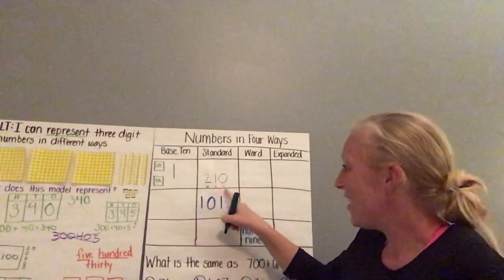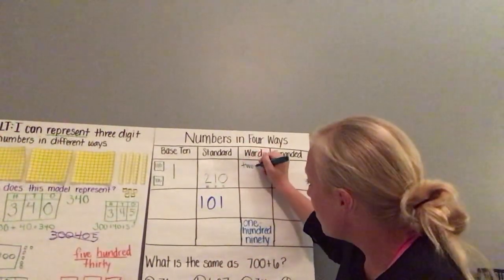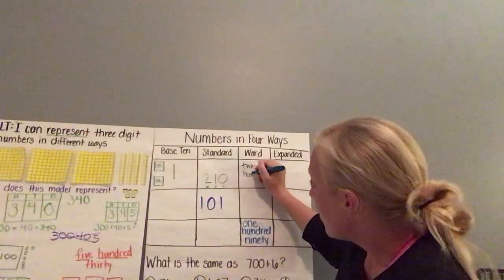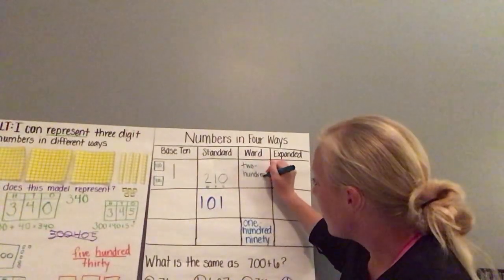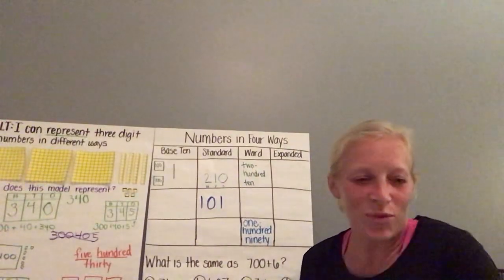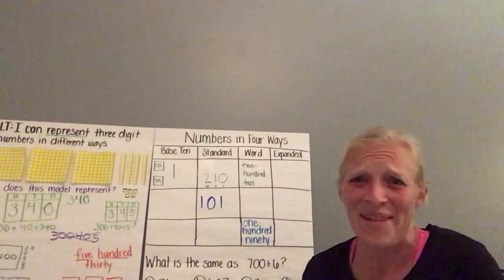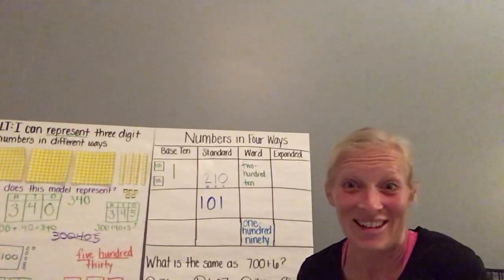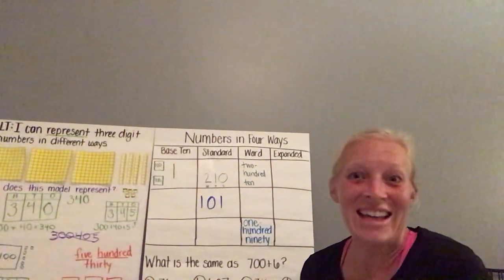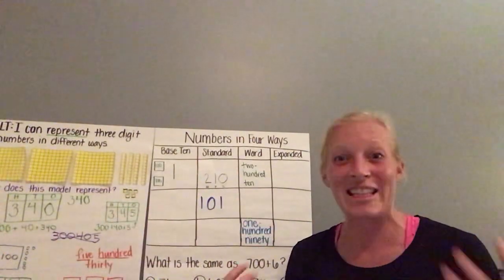210. So then I'm going to come over here and I'm going to write 210. That's my word form. Remember, I did that when I wrote 530. And we did that when we did our 2-digit numbers earlier in the year, didn't we? And then I need to do my expanded form. Remember, that means we're going to stretch it out or expand it.